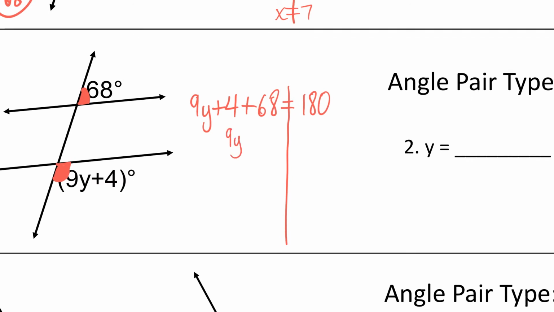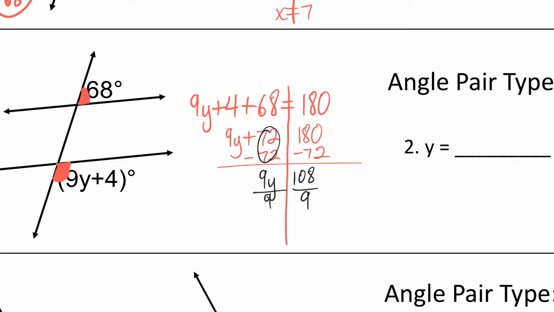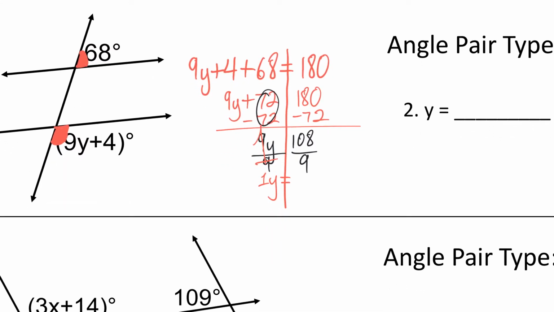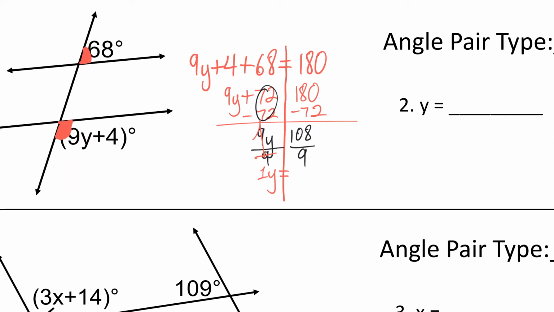So 9y, and then the 4 and 68 makes 72. Subtract 72 from both sides. This zeroes out, that leaves 9y equals 108. Divide by 9. And what does y equal?